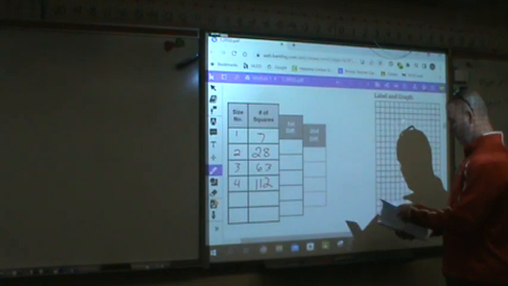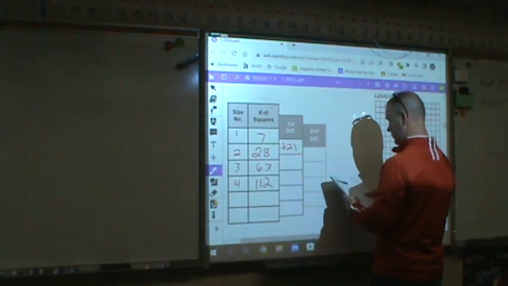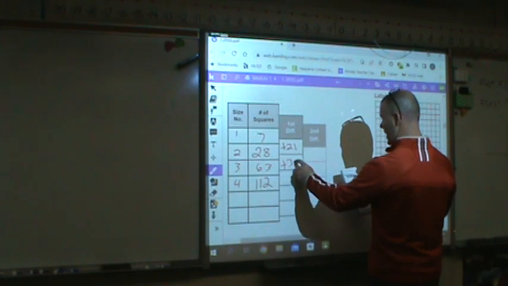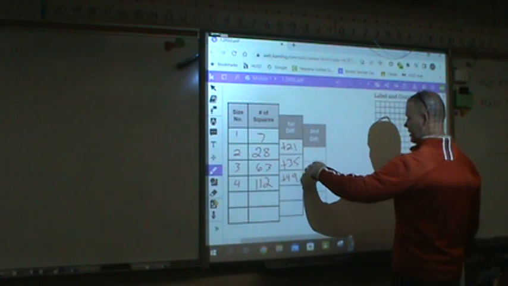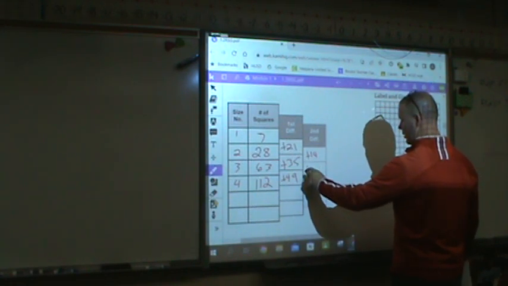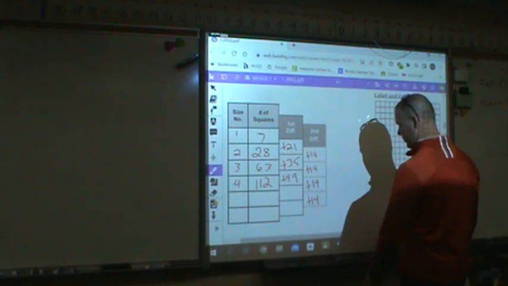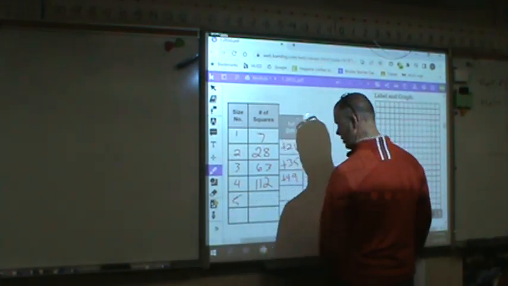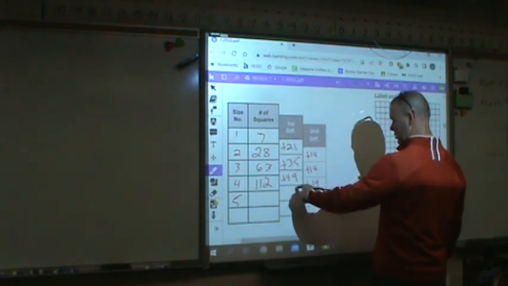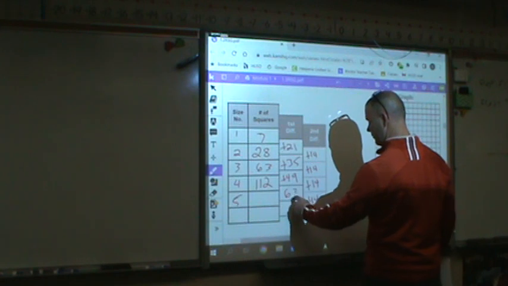And then if we go ahead and do a first difference, we have plus 21, plus 35, and plus 49. Our second difference is going to be plus 14, plus 14, plus 14, plus 14. That's what's going to happen. And if we go ahead and fill the rest of this out, which I'll just do 5, that's a 14 difference, so we would get 63.